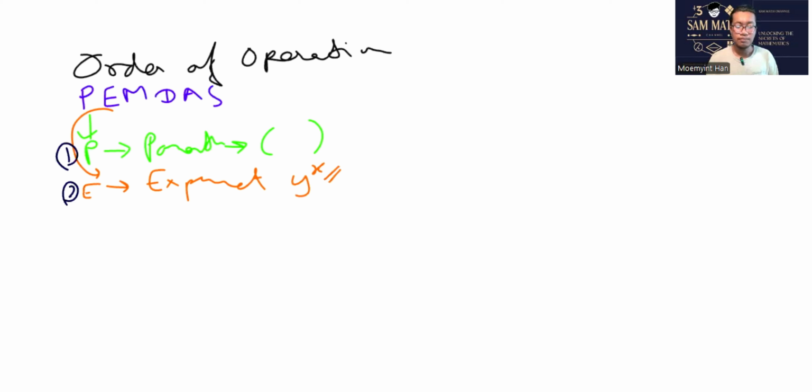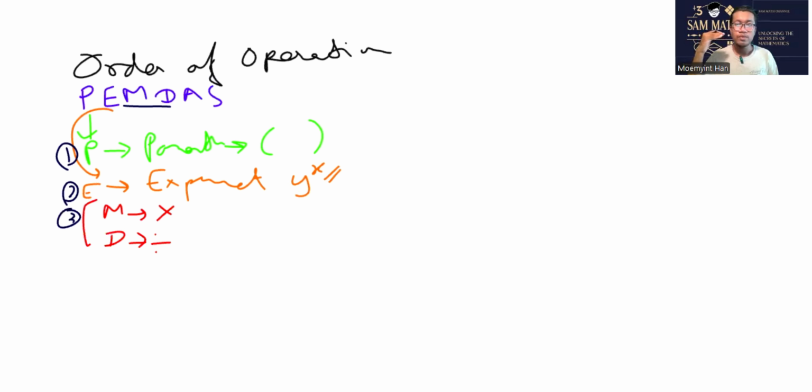this M and D. What do M and D mean? M stands for multiplication and D stands for division. These two are on the same level. So when you see multiplication and division, you do them at the third level.